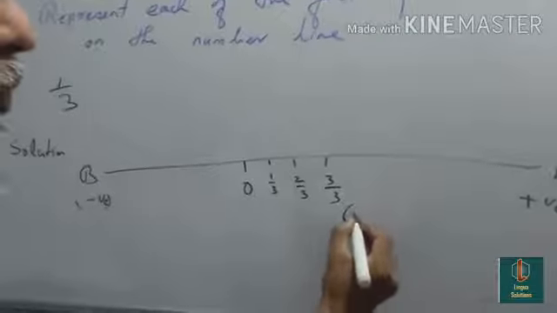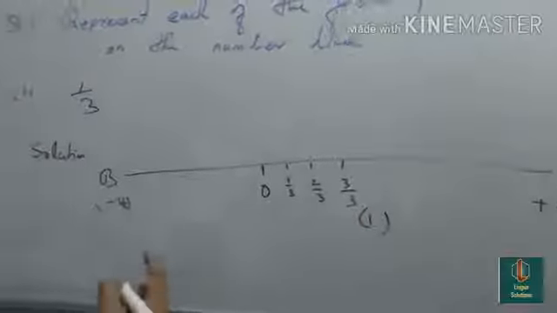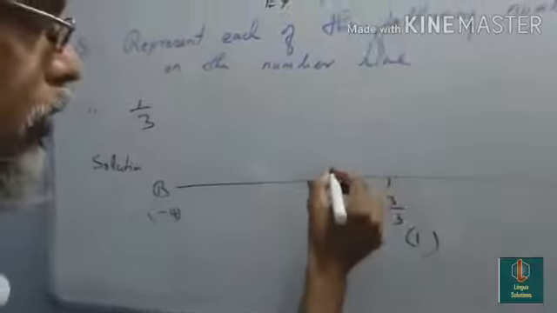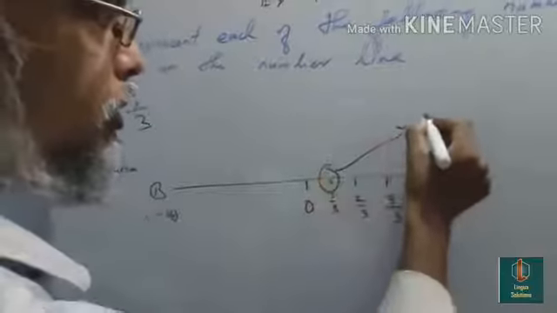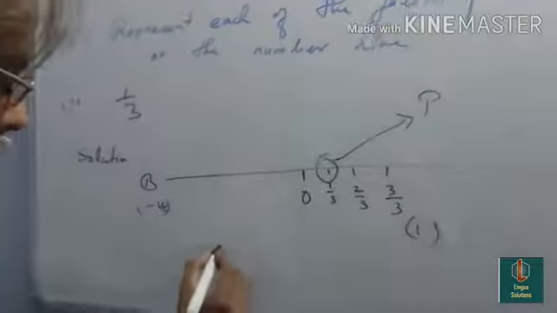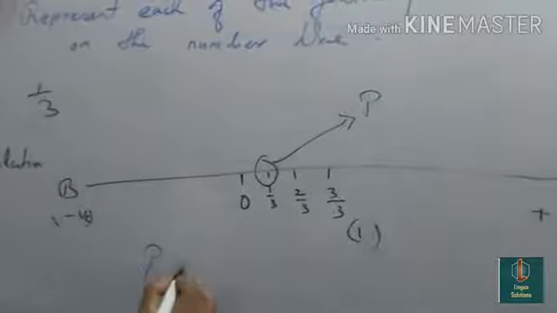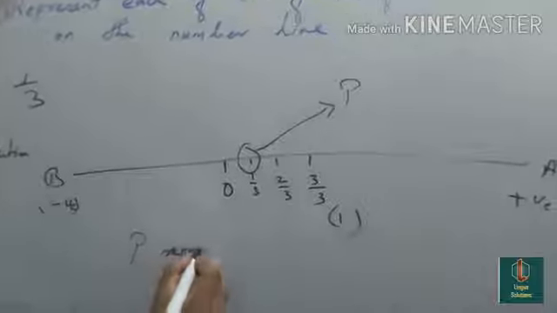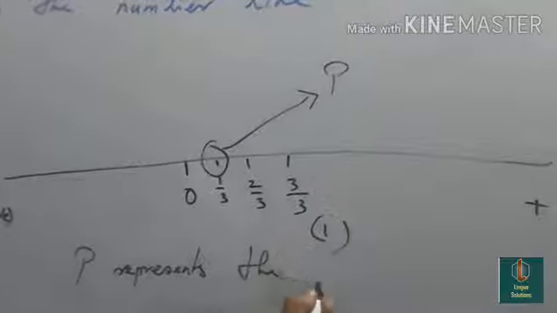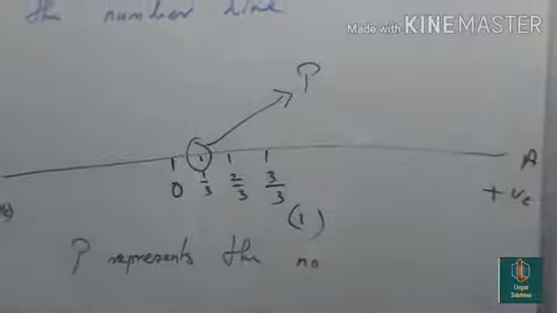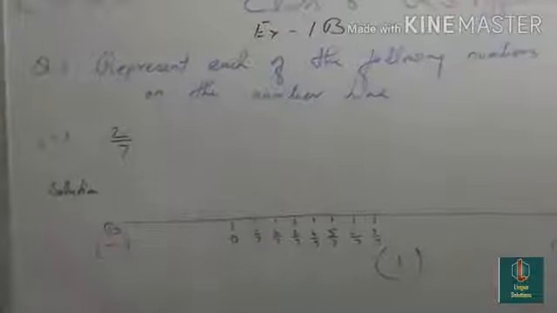That is 1. We have to show 1 by 3. Circle it or mark it as P. Now P represents the number.